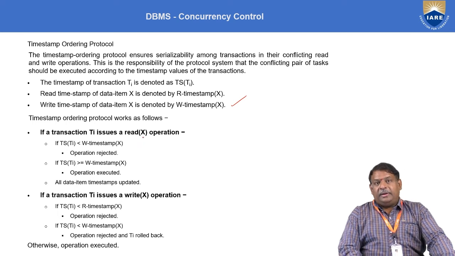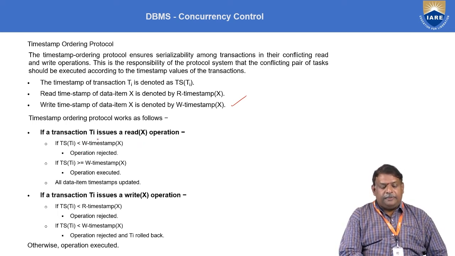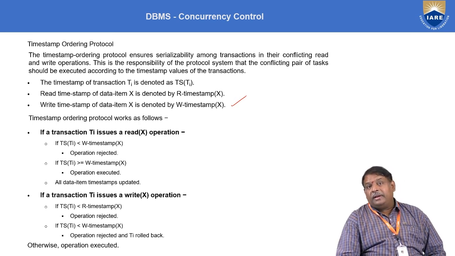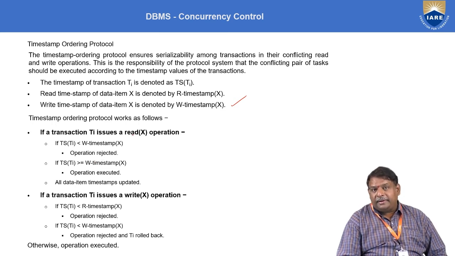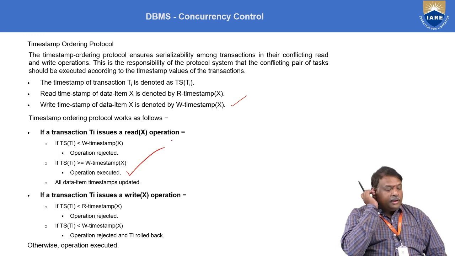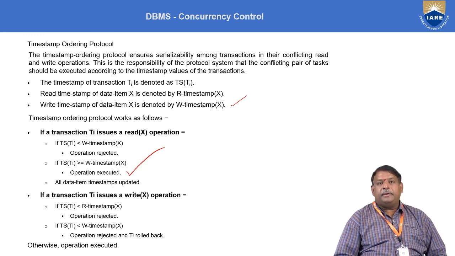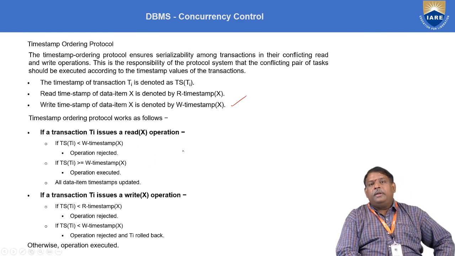If the T1 timestamp is less than the write timestamp, it is rejected. If the timestamp of T1 is greater than the write timestamp, then your operation is executed. All the data items are updated. This is the first thing, about read. Now let us see about write.